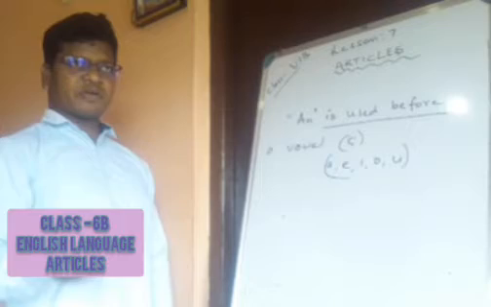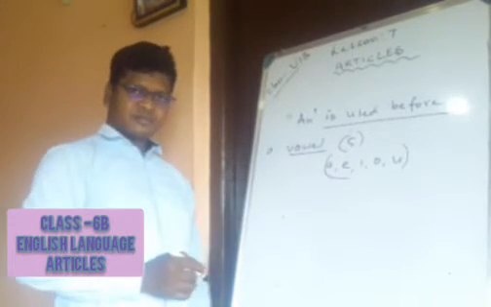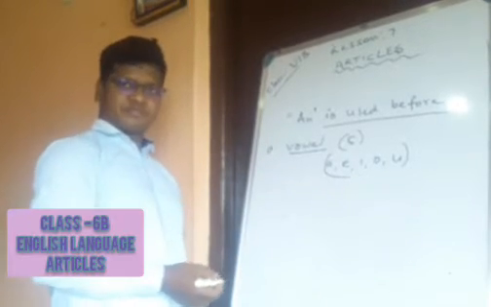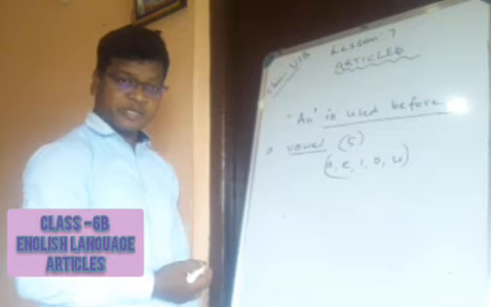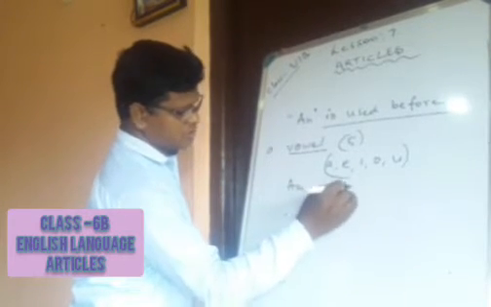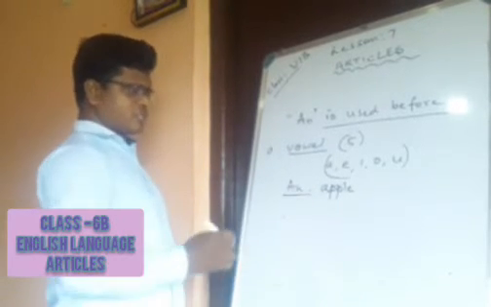According to the rule which we learned earlier, any word that begins with these 5 vowels, what do we place? We place N before it, just like apple. It starts with A, and therefore we write N before it.